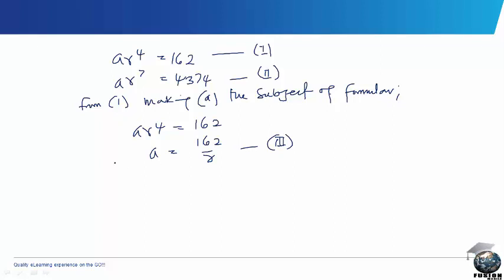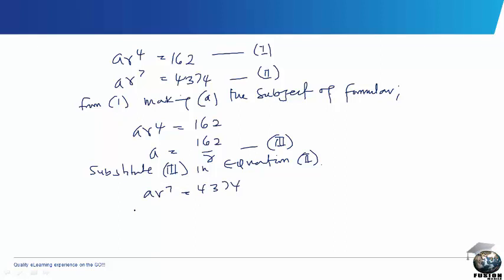And so I'll substitute equation 3 in equation 2. In equation 2 we have a r^7 is equal to 4374, where a is 162 over r^4, times r^7 is equal to 4374.